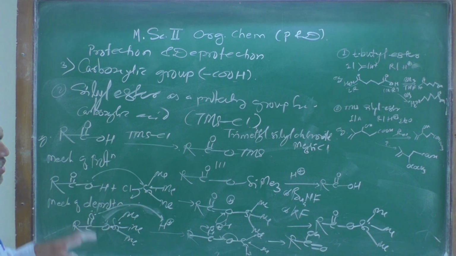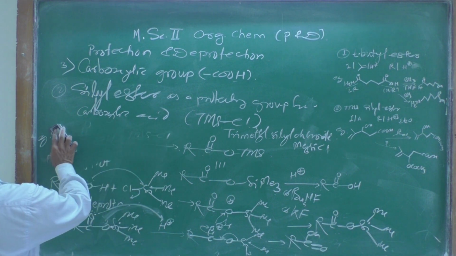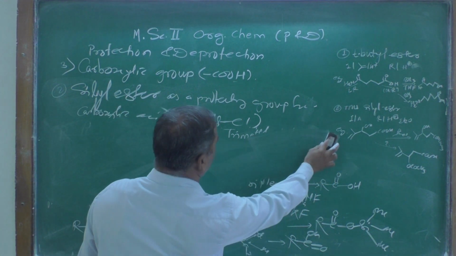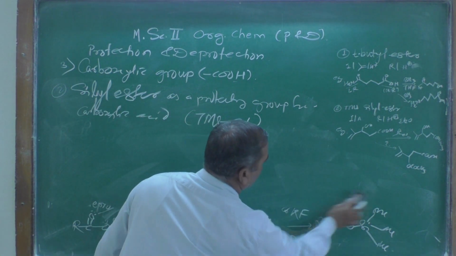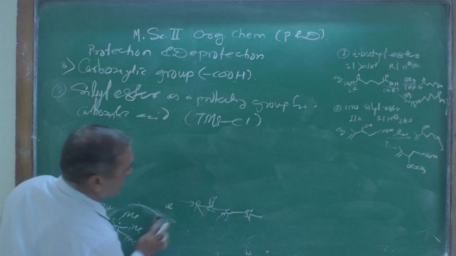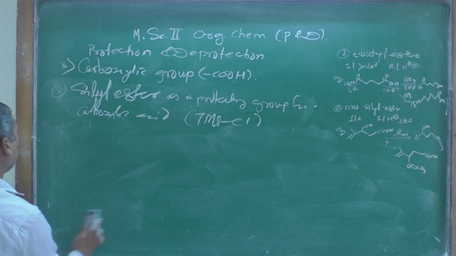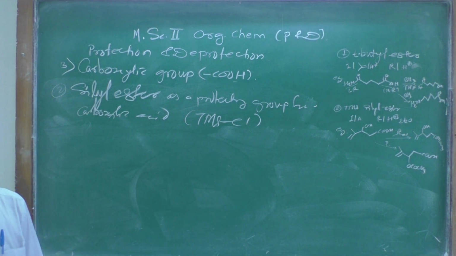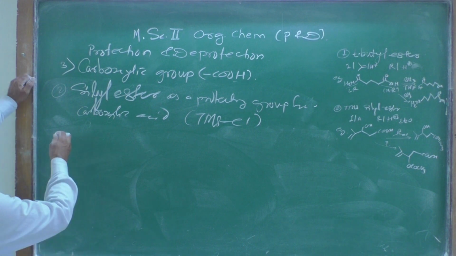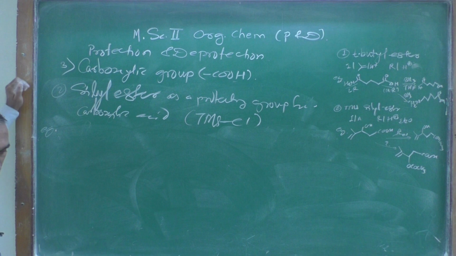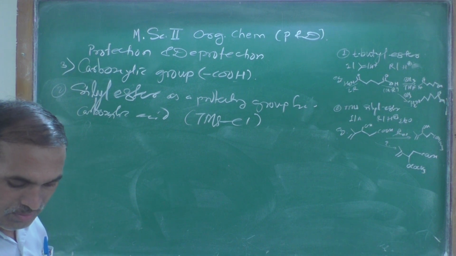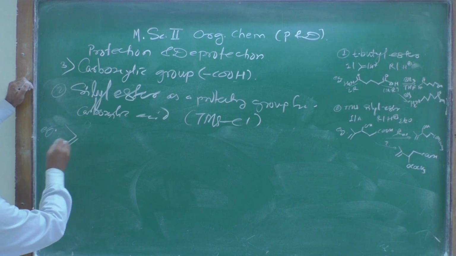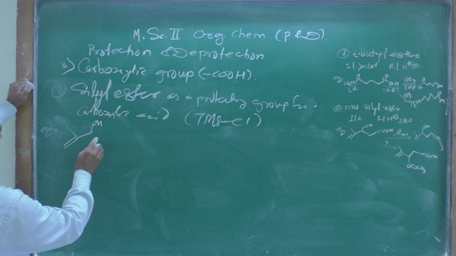Now let us look at a specific example to illustrate this point more clearly. Suppose we have this type of compound. Consider, for example, this structure, then OH.